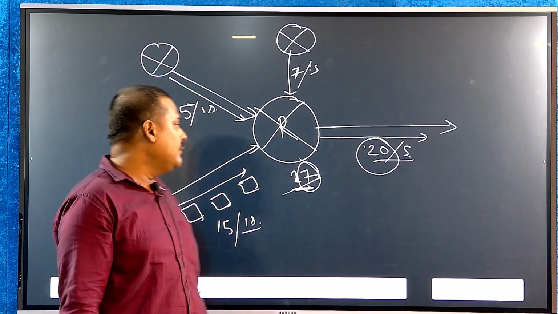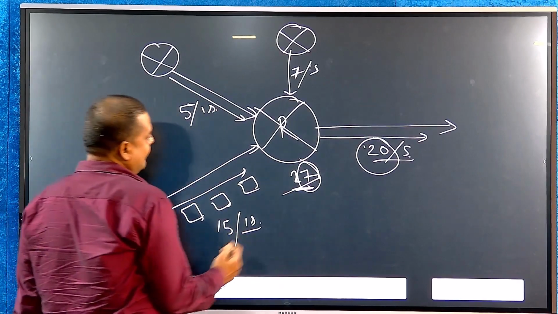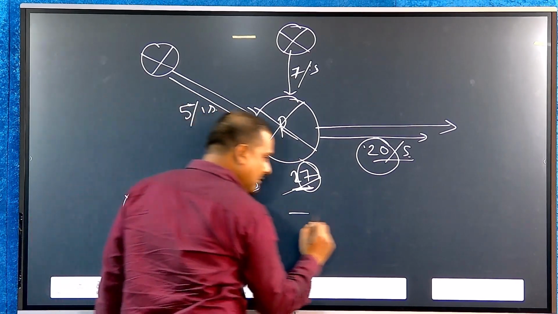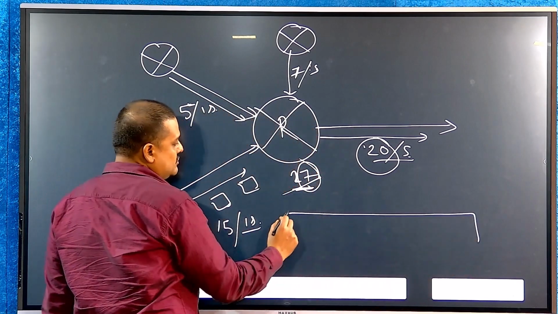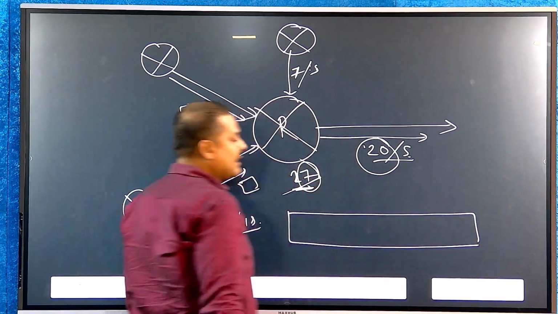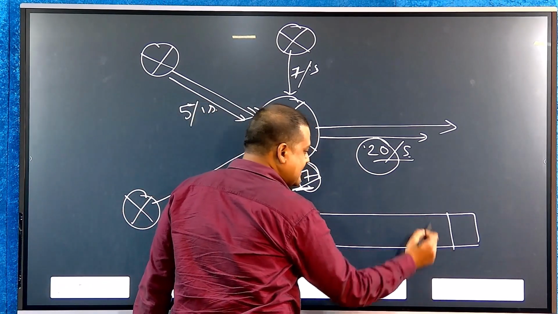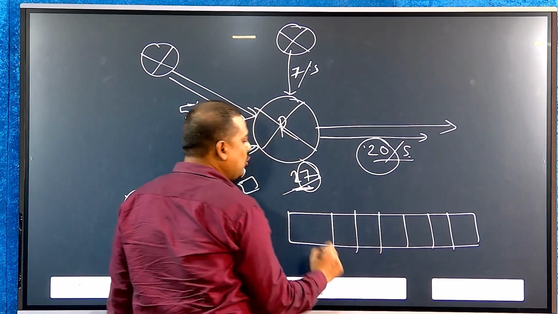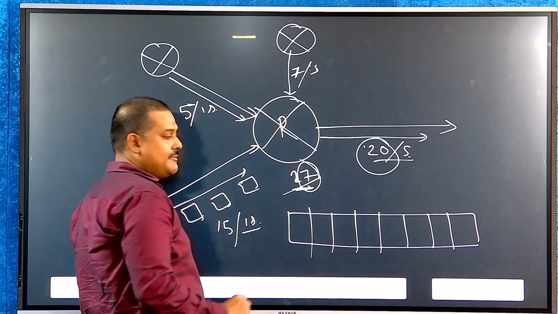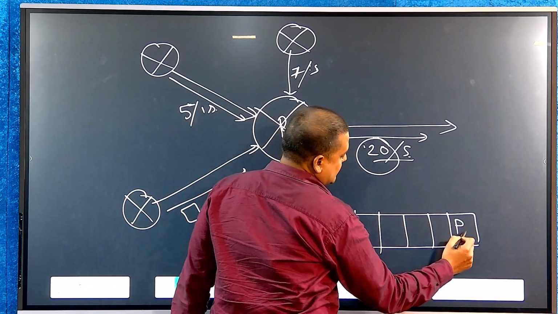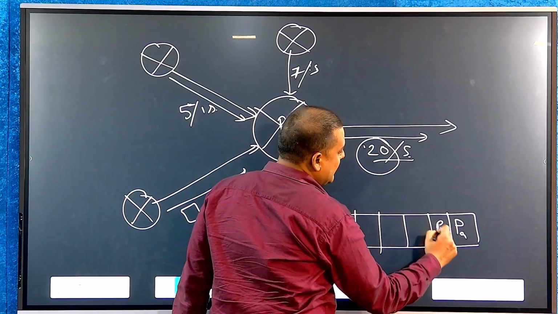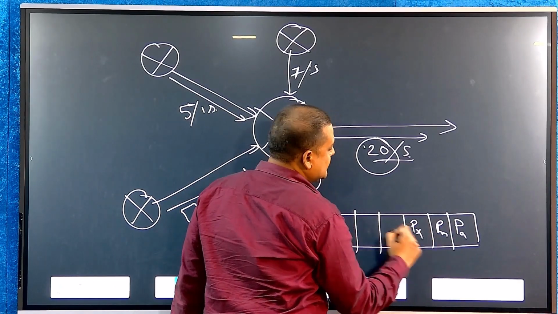So what happens in this router? A particular queue is used, called the routing queue. The extra packets will be stored in it, say PA, PM, PX, PY.